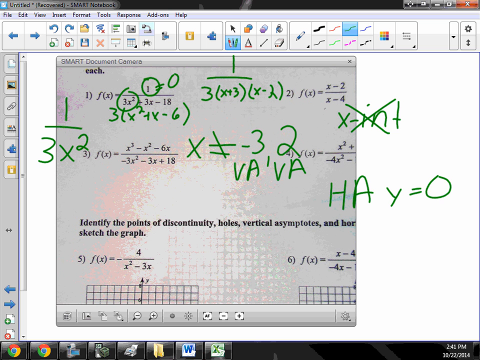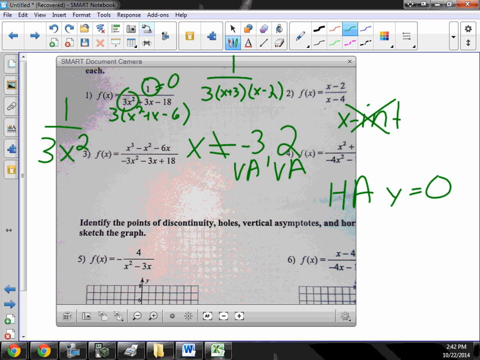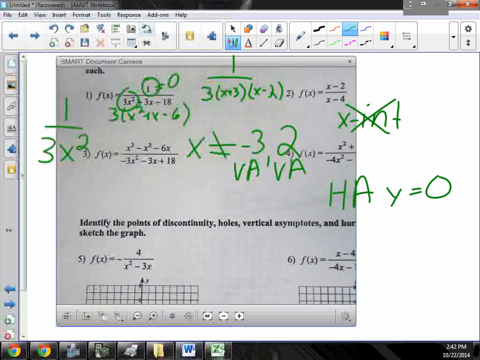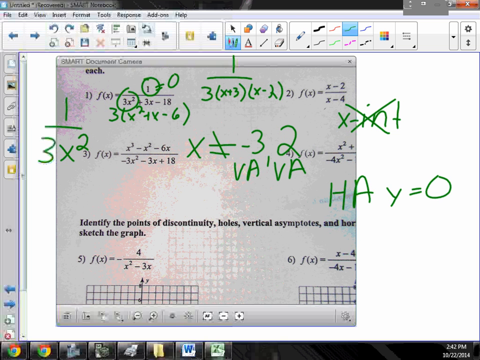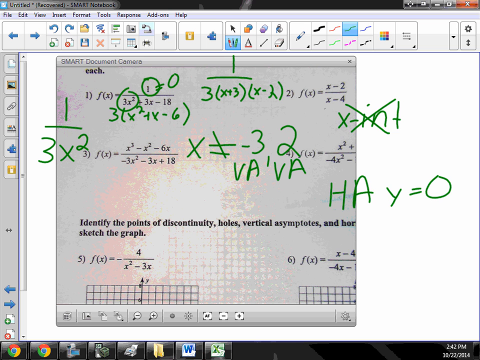There is no way that graph can hit y equals 0. If you leave that off, a true statement is y can never be 0. The equation of the line of the horizontal asymptote is y equals 0. Does that make sense? So the graph never touches y equals 0, right?